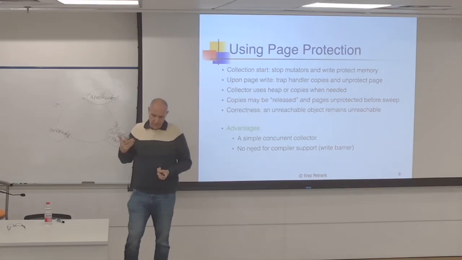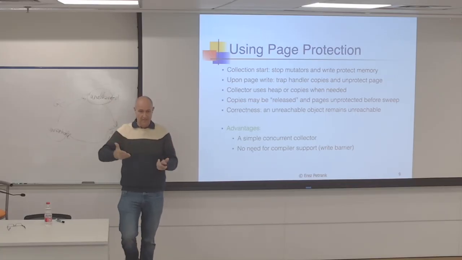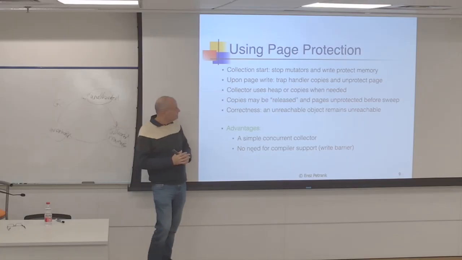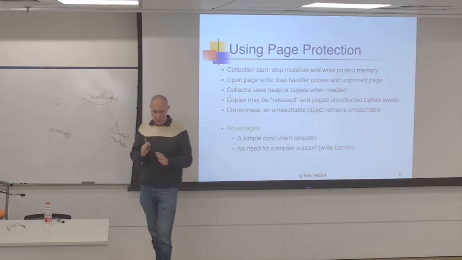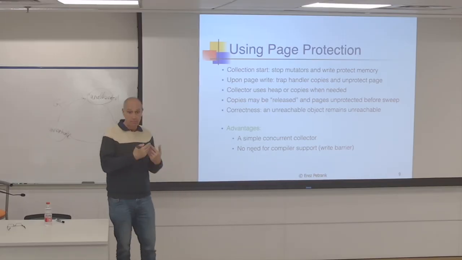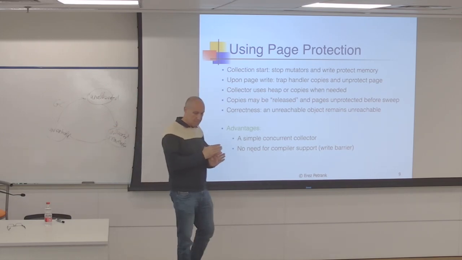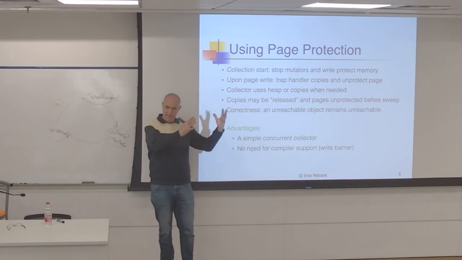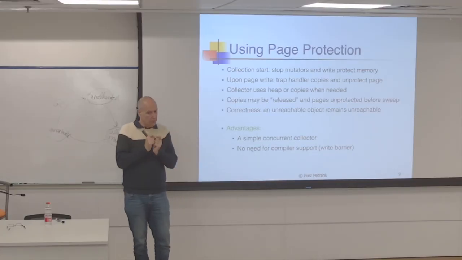So from the point of view of a virtual machine, something happens. But when you actually come to write a garbage collector, your connection to the compiler, to the programming language, is sometimes difficult. You have to understand how the compiler works in order to make sure that you have a write barrier.